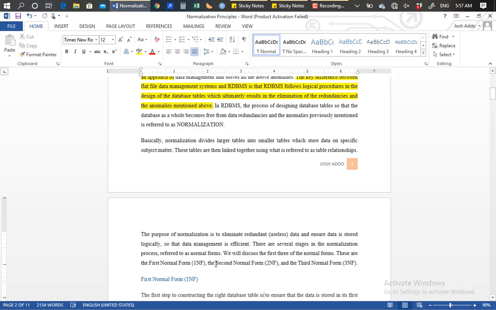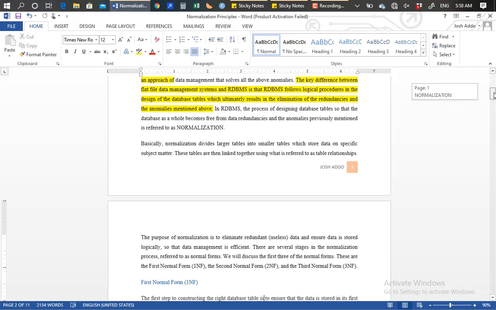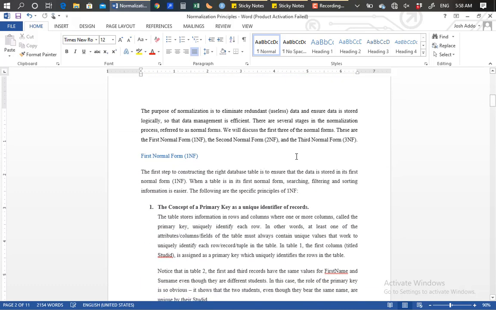We'll also talk about second normal form. After you have achieved first normal form, then we strive towards more normalization by also going through second normal form procedures or principles. And then finally we'll talk about third normal form. So let's take our time and go through them one by one.